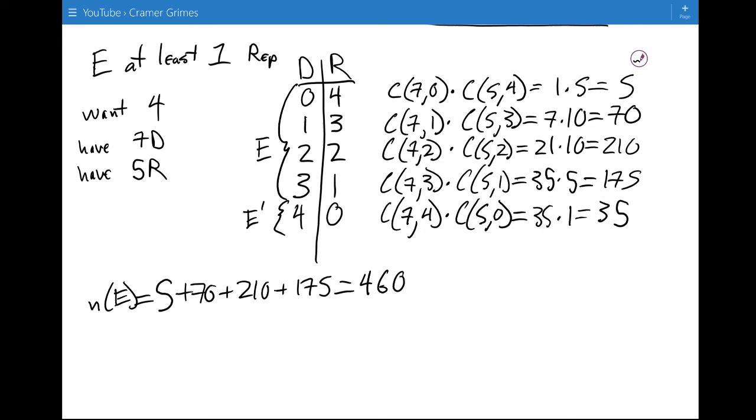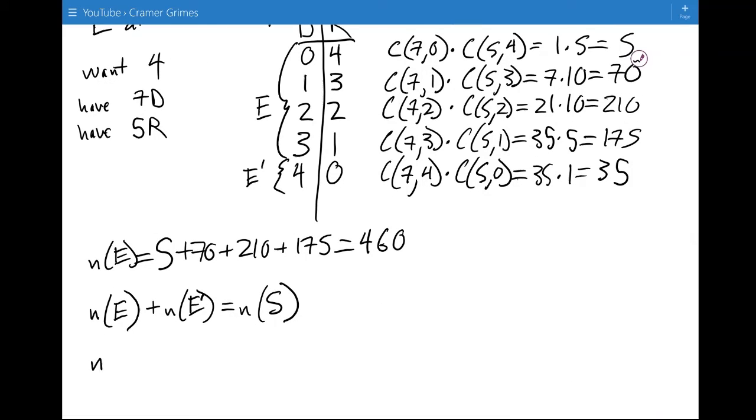And so there's this trick: if I sum up all the ways that would satisfy my event, and add it to all the ways that wouldn't satisfy my event, that should total up the total number of ways of forming this committee. So that would be our sample space.